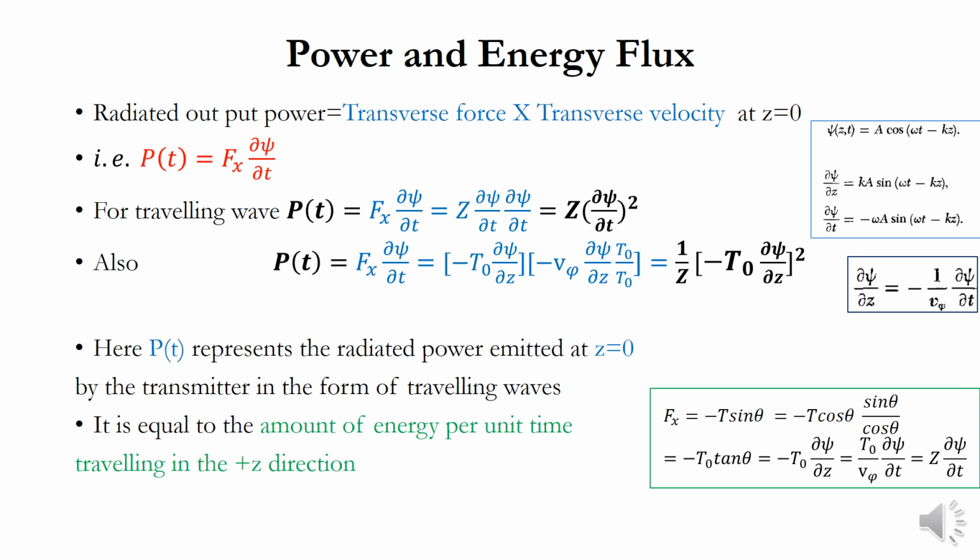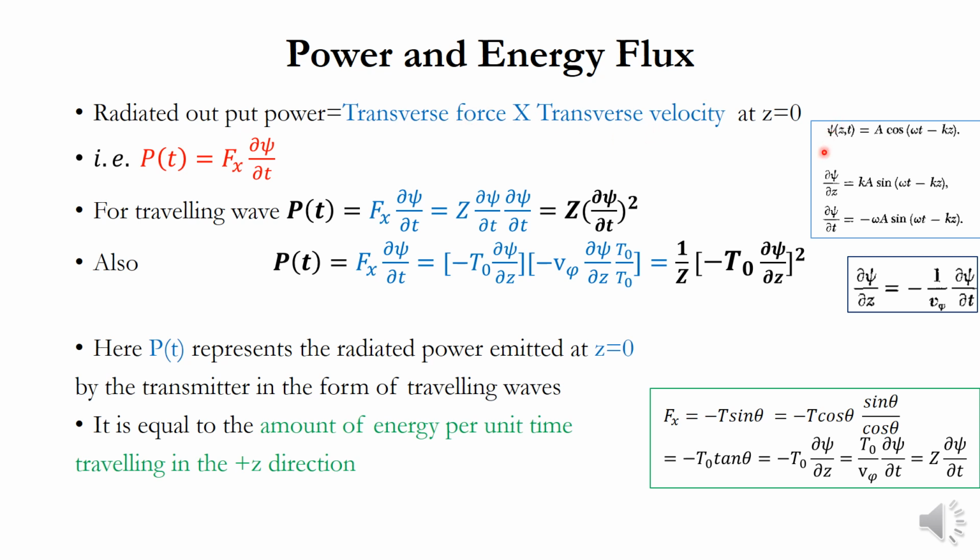Now, what is the rate of energy radiated? That is the power, or energy flux. The radiated output power can be written like this. This is equal to the transverse force into the transverse velocity.